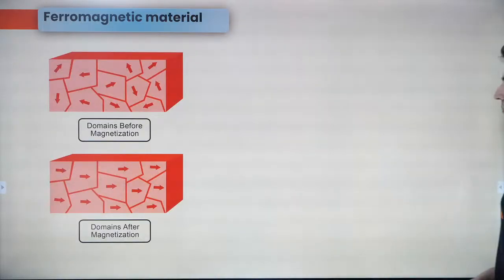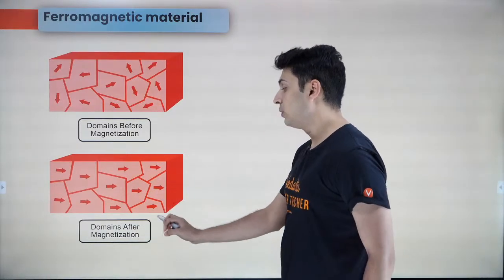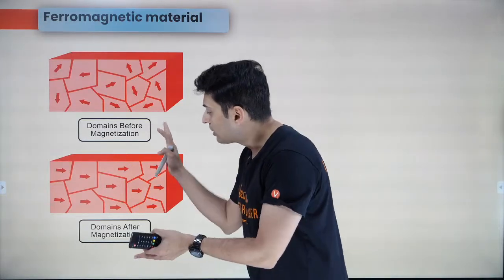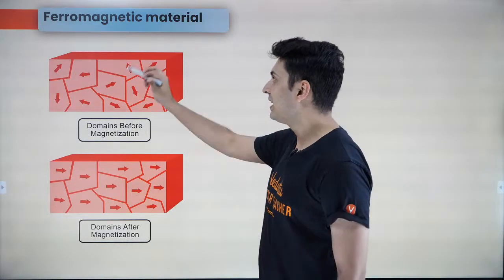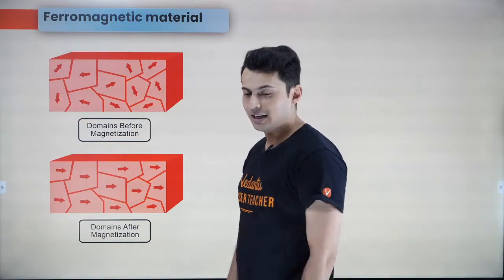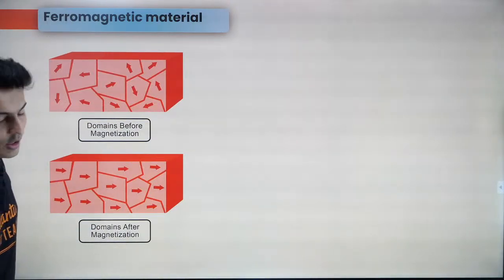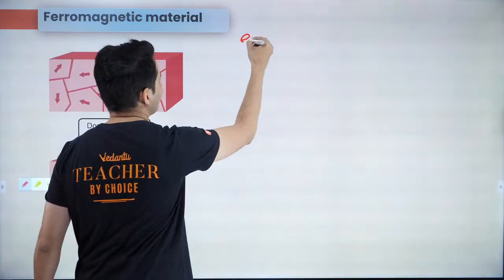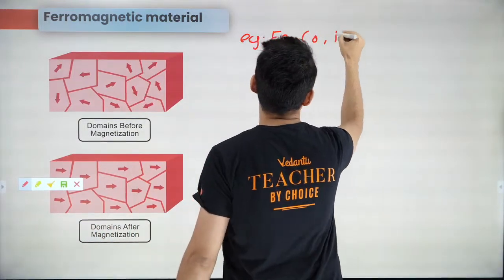Okay. So this is how the domains look before magnetization, and this is how they look after magnetization. Even when you remove the external field, they try to maintain their orientations. That's why it's a permanent magnet and they are called ferromagnetic materials. Very, very important. Examples of ferromagnetic materials, guys, are obviously iron, cobalt, then nickel.